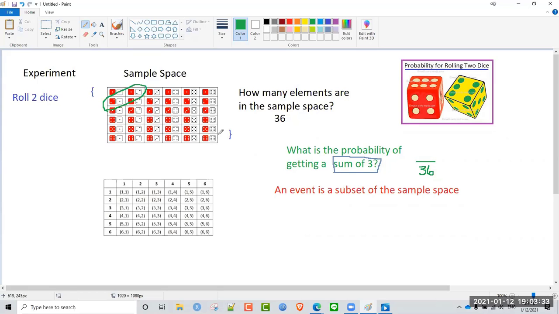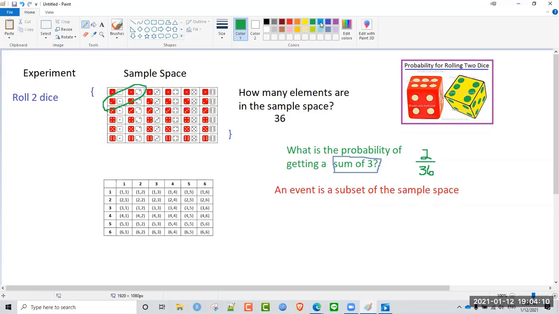That is to say, for example, this is not more likely than this. They're both equally likely. If we accept that they're all equally likely, then we can answer this question. What is the probability of getting a sum of 3? There are just 2 ways out of 36 equally likely ways. So that must be 2 out of 36. So we got this answer.